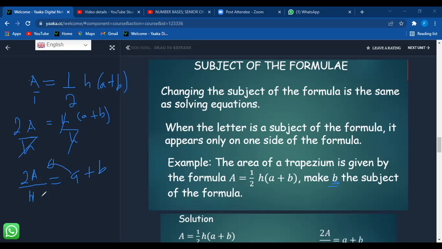So we should have 2A over h minus a is equal to a minus a plus B. So that this one gives us a 0. And then our B is the same as 2 capital A minus small a divided by h.